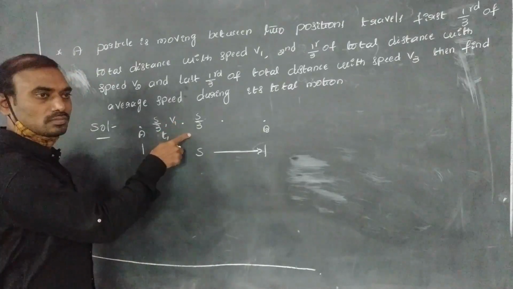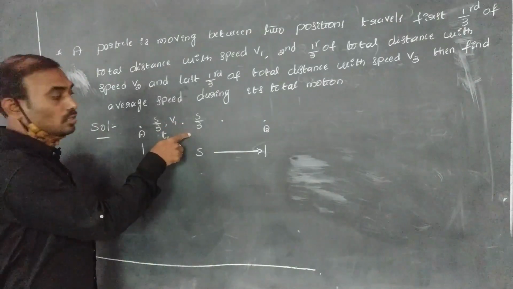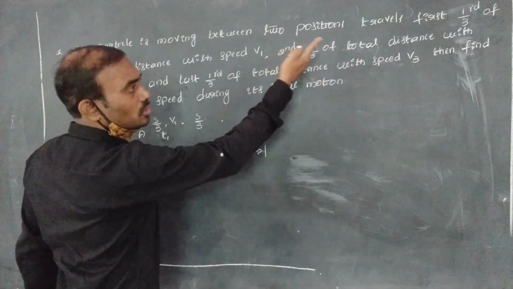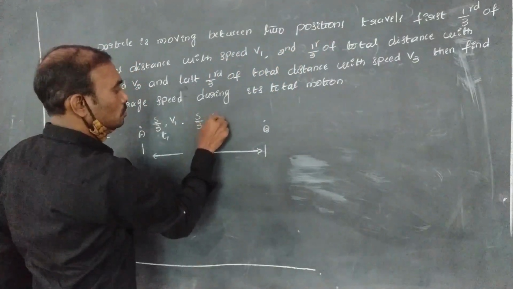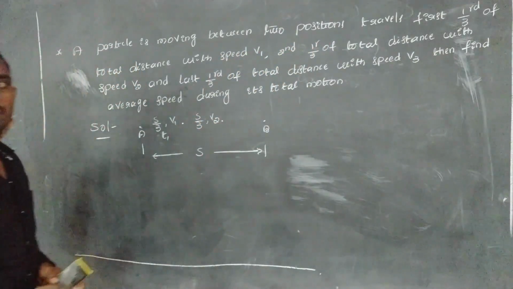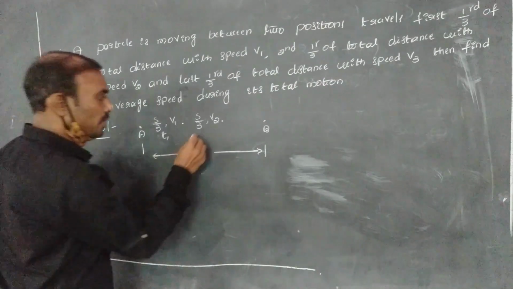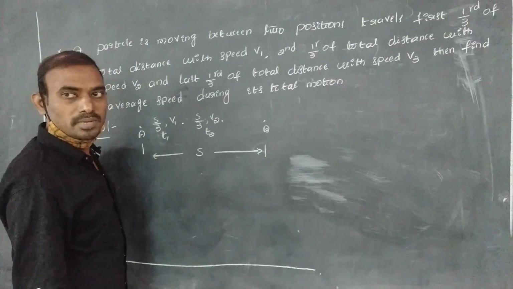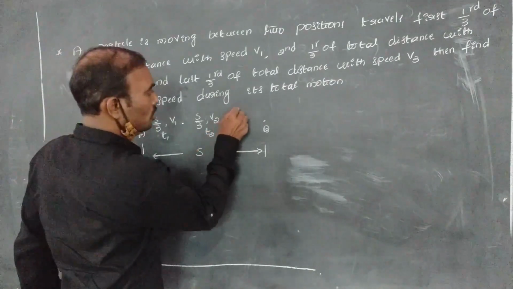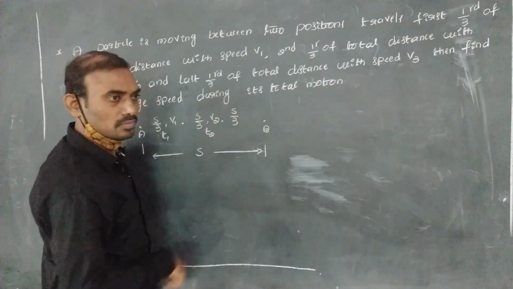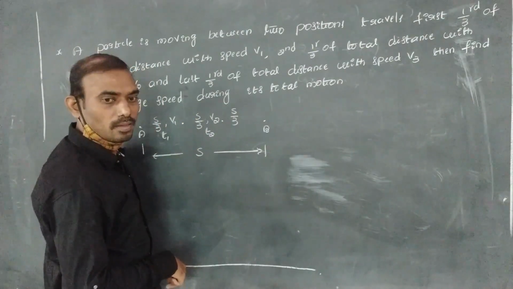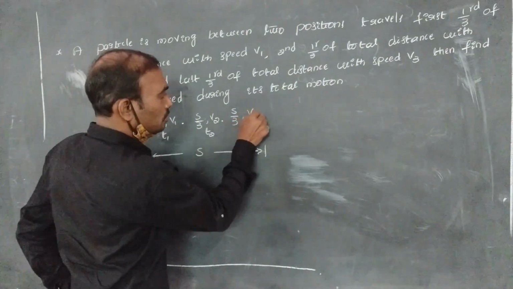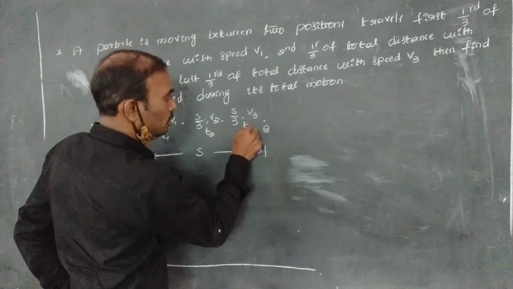The second one third is covered with speed V2, and the time taken is T2. The last one third is also S by 3, with speed V3, and the time taken is T3.